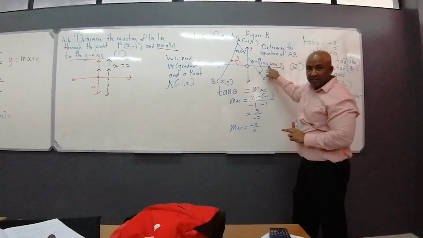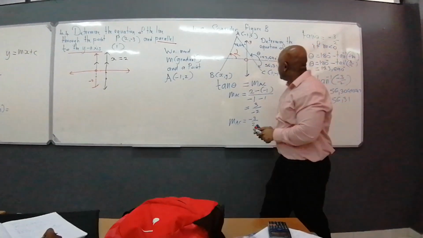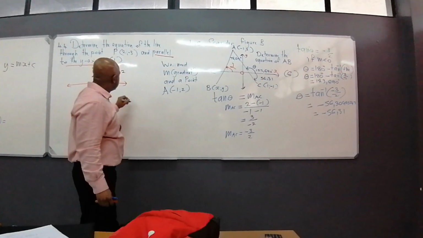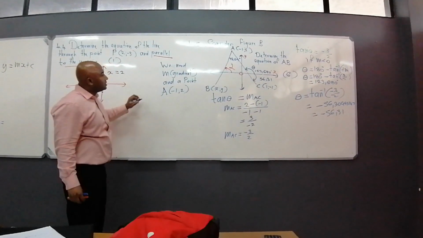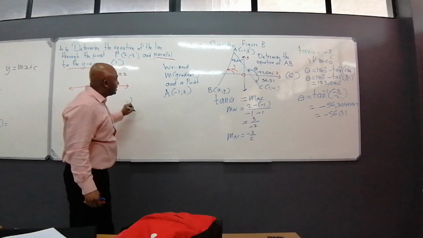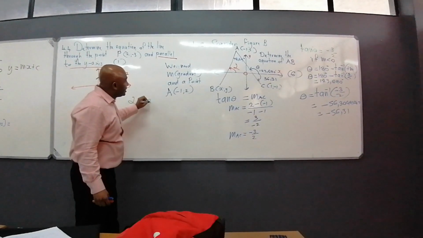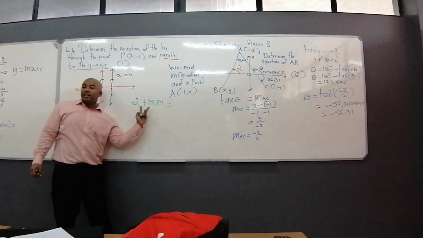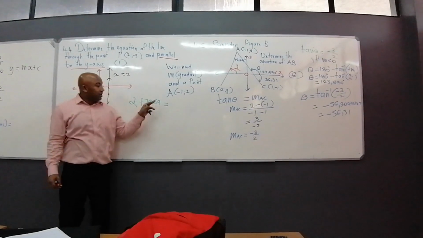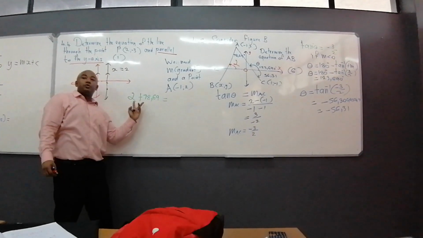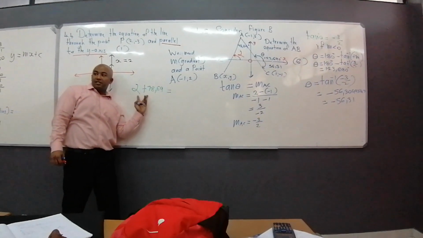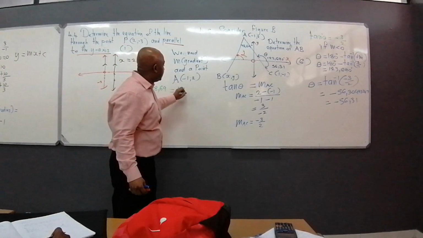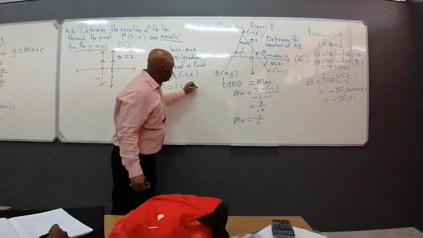I'm going to use the short way. So alpha plus 78,69, these are the two interior opposite angles, is equal to the exterior angle of the triangle, which is 123,69 degrees.